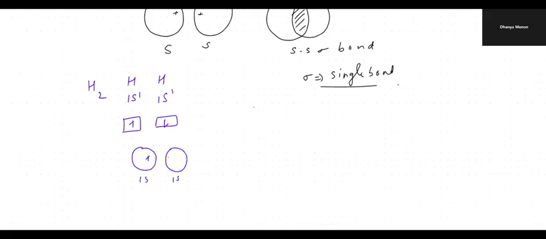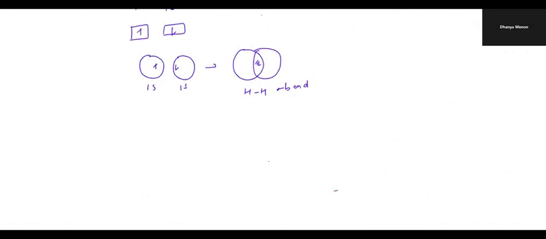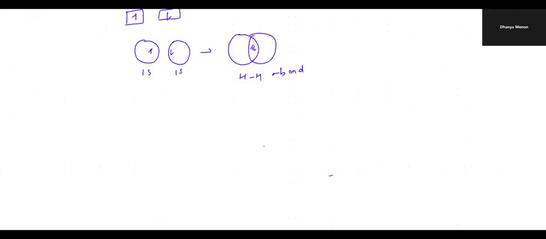They result in head-on overlap to give you a hydrogen-hydrogen sigma bond. And as you can see, it's a single bond.